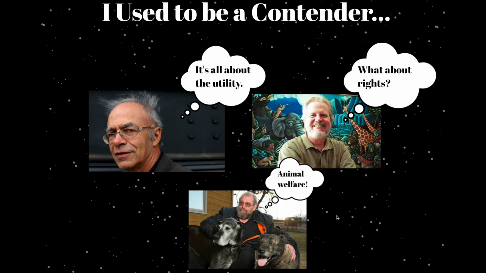Shouldn't we think about that as well? So Peter Singer is arguing one position. Tom Regan is pushing back against Peter Singer, arguing that we should actually have a much more limited use of animals in research contexts. And Bernie Rollin is like, whoa, you guys, whoa, utility, I can see its usage, but we should actually think about animal welfare, right?